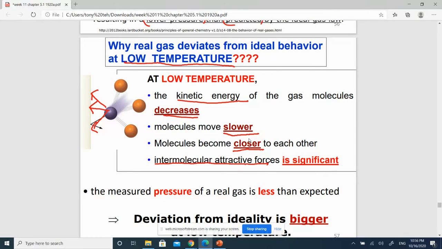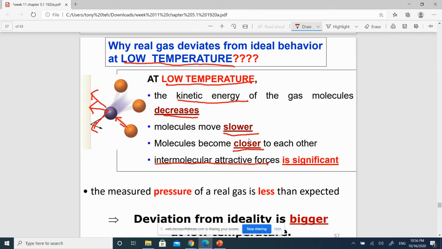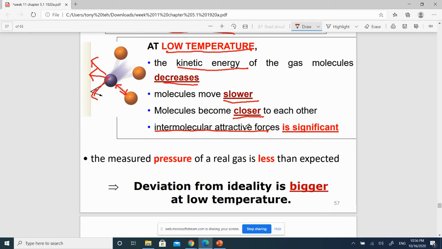But now at low temperature, the kinetic energy decreases, all the molecules move slower and become closer. So when they become closer, the intermolecular attractive force is significant. Thus, the measured pressure of the real gas is less than expected. So deviation from ideality is bigger at low temperature.